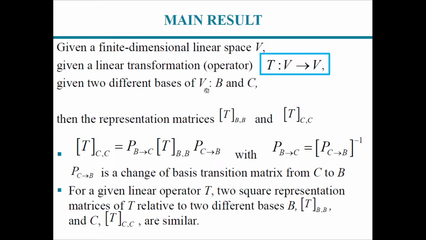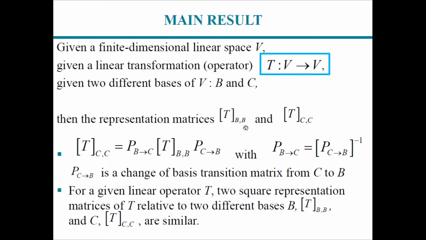Obviously, every non-empty finite dimensional linear space has infinitely many bases. In this case, we are just taking two of them, B and C, and see what will happen with their representation matrices. So we have a linear transformation T, and then we will have a representation matrix of T relative to basis B, B, right? Because T goes from V to V, so the same linear space.